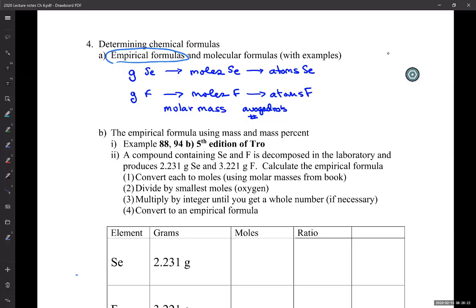Now here's the thing. Avogadro's number is the same regardless of whether it's fluorine or selenium. So whatever I do, if I convert over to atoms and then end up dividing, all that Avogadro's number stuff will cancel out. I don't actually have to go over to atoms, I only have to go over to moles of atoms.